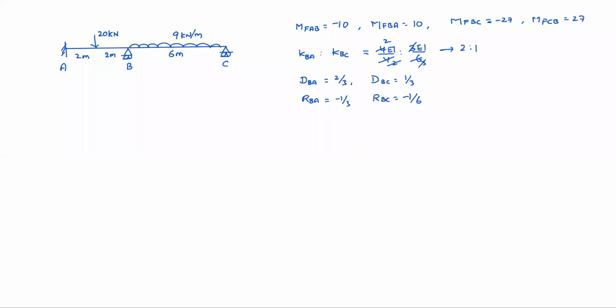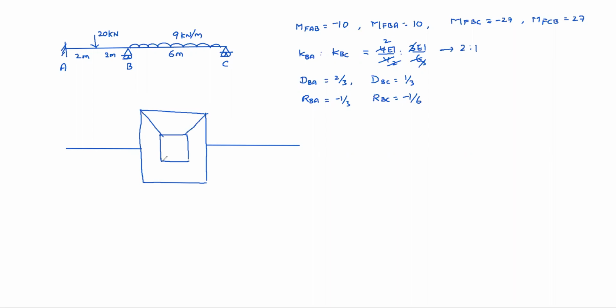Next, the table. 2 members only we have. So this one and this one. A, B, C. Fixed moments minus 10 plus 10, minus 27 plus 27.